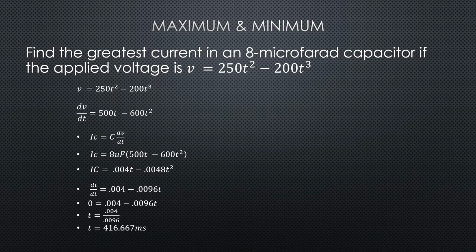So if we take the derivative of that and set that equal to 0, we can solve for the time. There's the time it takes to get to the maximum amount of current for the cap, 416.667 milliseconds.